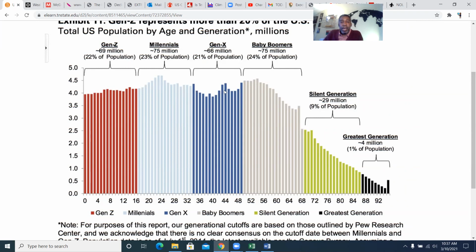Then there's Generation X, and then there are the baby boomers, which are people about 55 years of age and older in this age group here. And then, of course, we have the silent generation and the greatest generation.